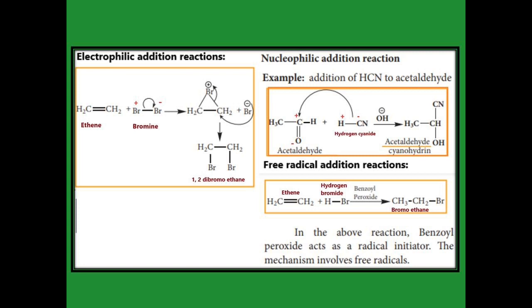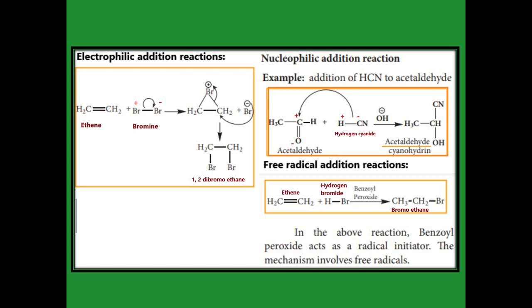Now, which one is negative? The cyanide is negative. It is attracted by the positive carbon of acetaldehyde. We get acetaldehyde cyanohydrin. This is the nucleophilic addition reaction. Here the cyanide is attracted by the carbon plus, and the H plus is attracted by the O minus, so that we get the compound acetaldehyde cyanohydrin.